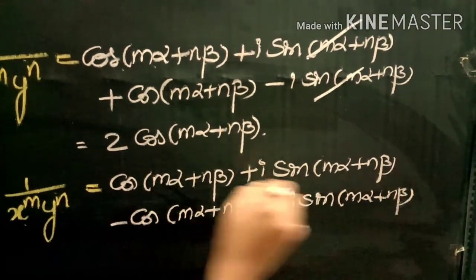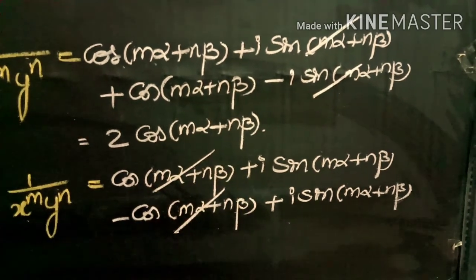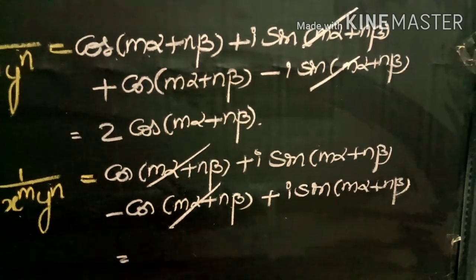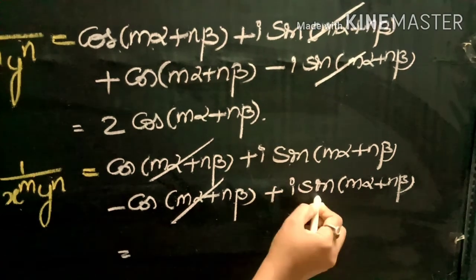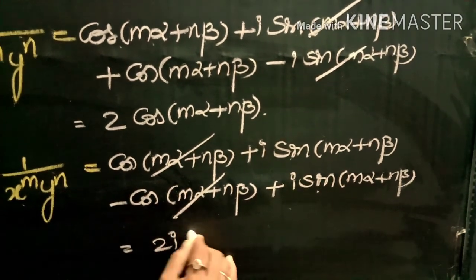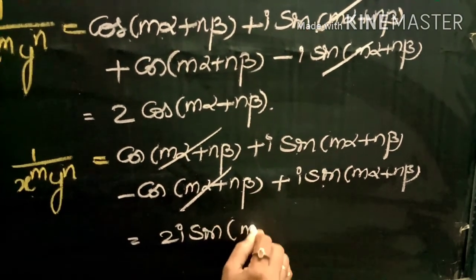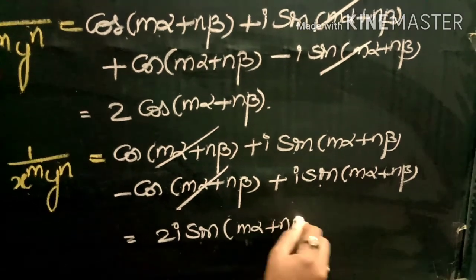Now here cos(mα + nβ) minus cos(mα + nβ) gets cancelled. Now this is equal to i sin(mα + nβ) + i sin(mα + nβ), 2i sin(mα + nβ), which is the required answer.